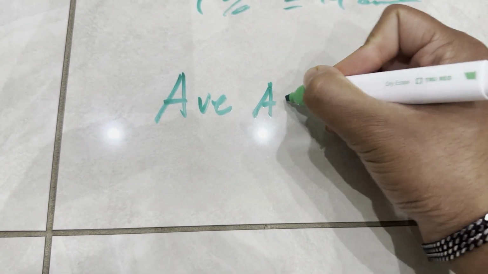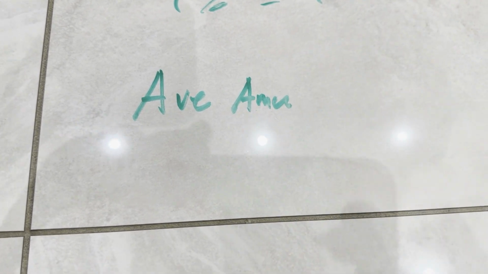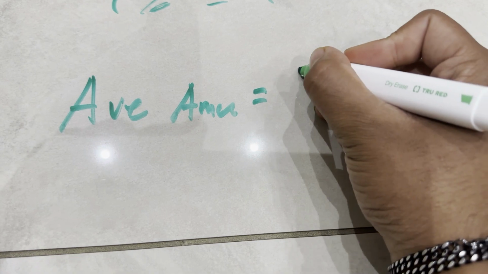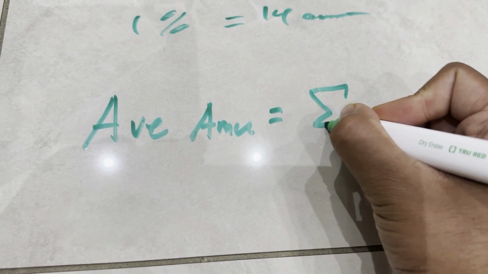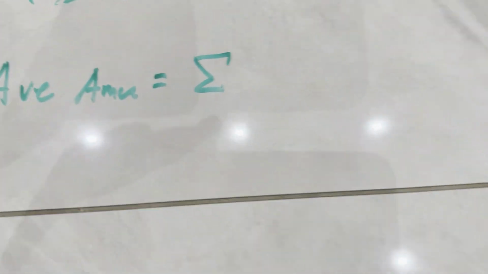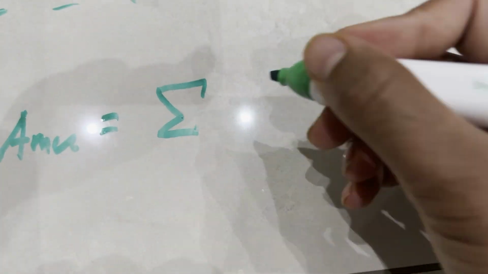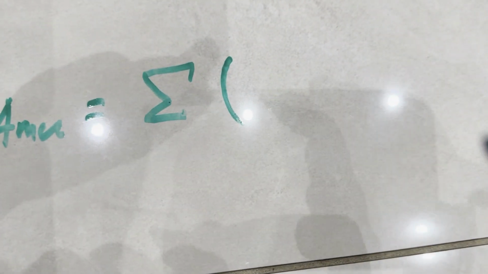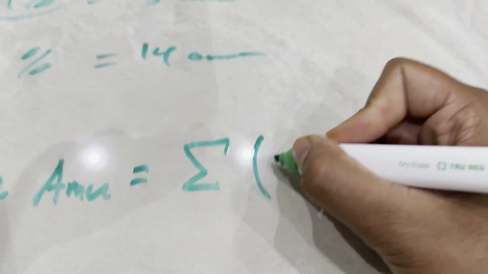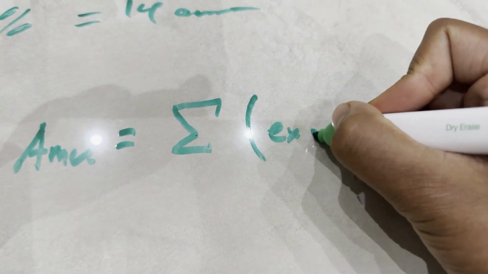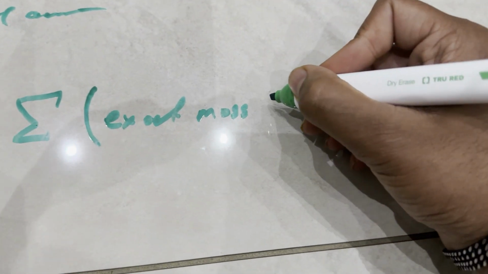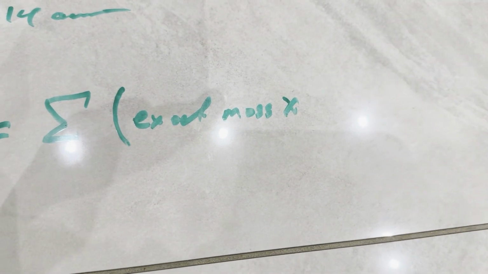So average atomic mass units is equal to the sum, which means you're adding, of our exact mass times abundance.